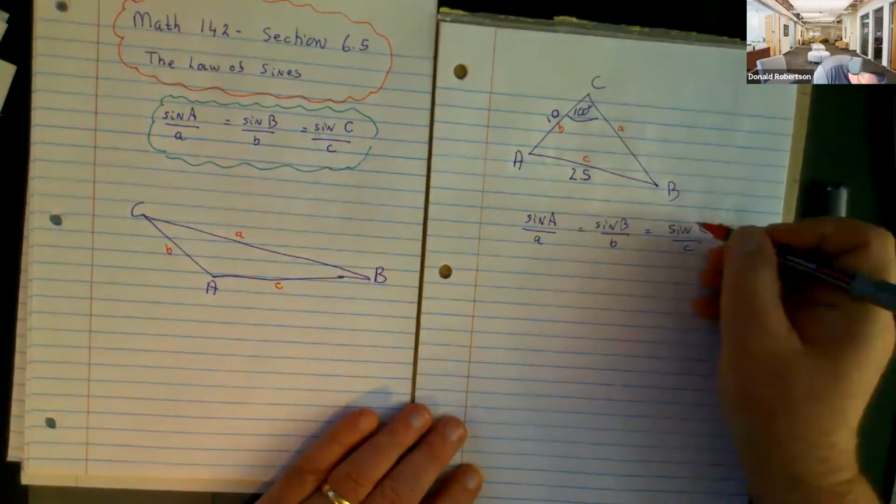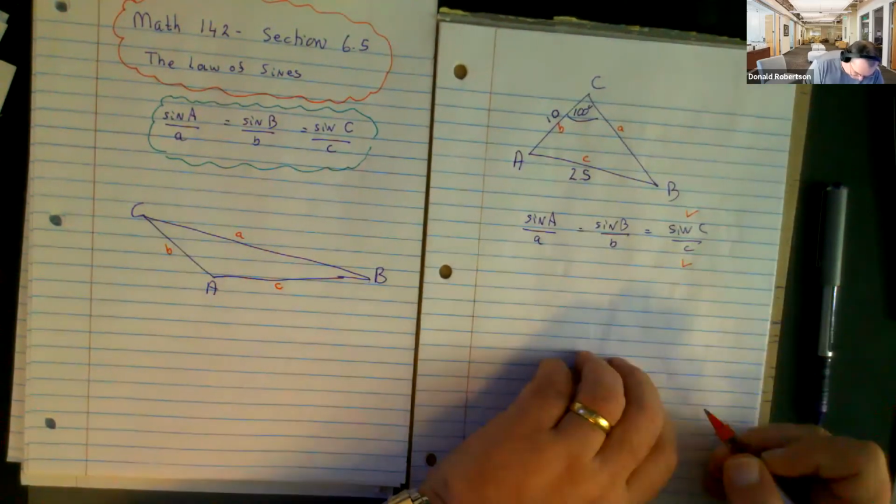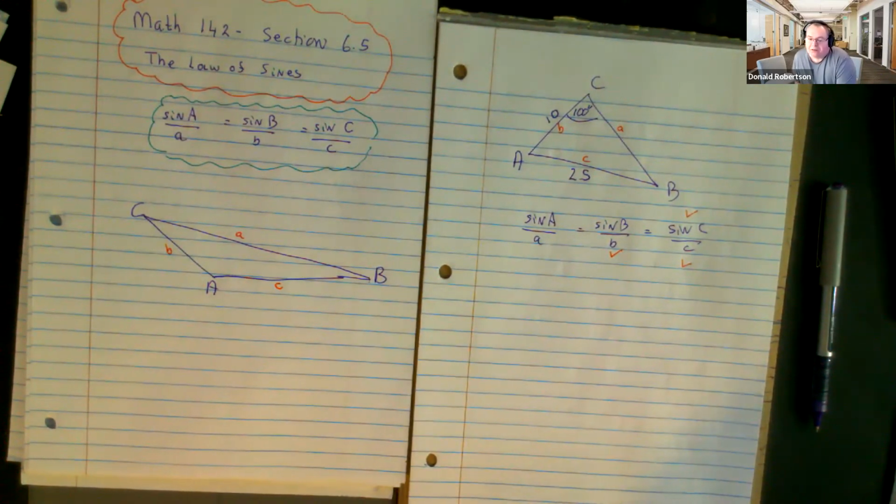So what do I know? I know C. I know little c. I know little b. Which angle do you think I should go hunting for based on the 3 check marks?